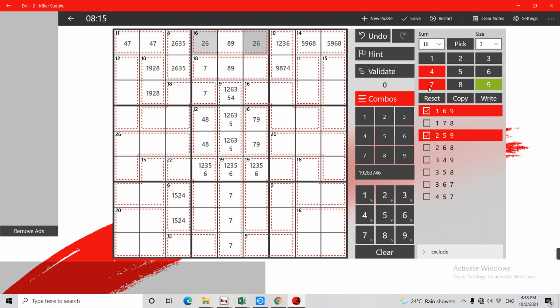And then we cannot use 8 and 6 because 8 and 6 will appear here. So 2, 5, 9. So now if you notice, the 2 is a permanent number here, which means I cannot use a 2 here, which means I cannot use an 8 here. I cannot use a 2 here, which means the 6 goes off.